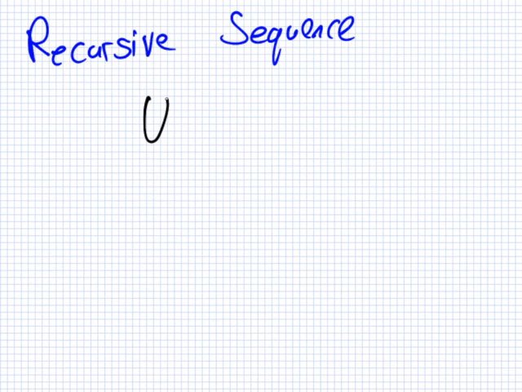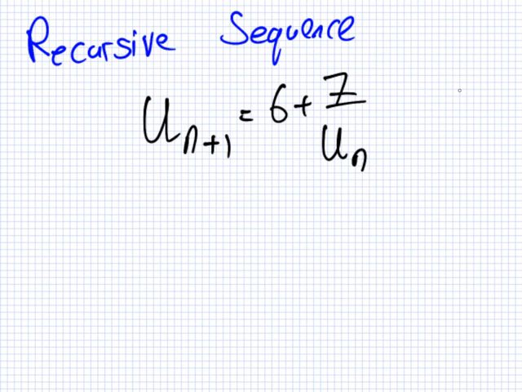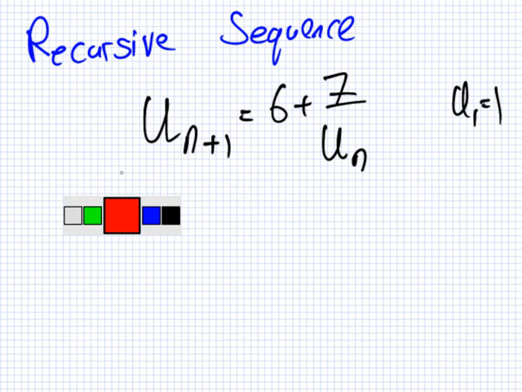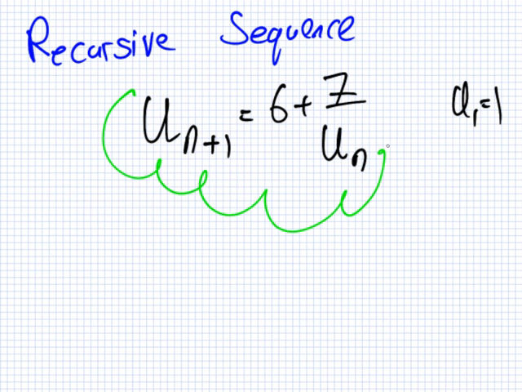So for example, has anybody ever seen a sequence like something like this? Has anybody seen the formula written like this before? So this is what you call a recursive sequence. So let me explain how it works.